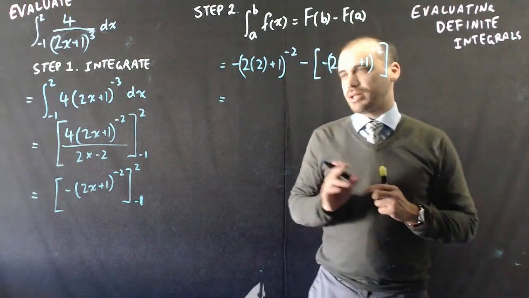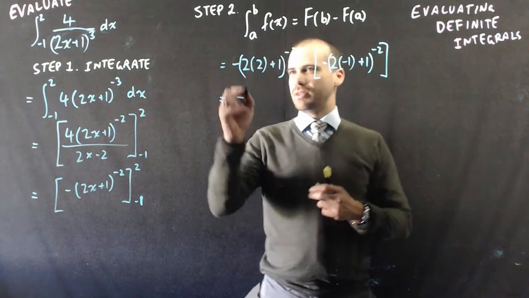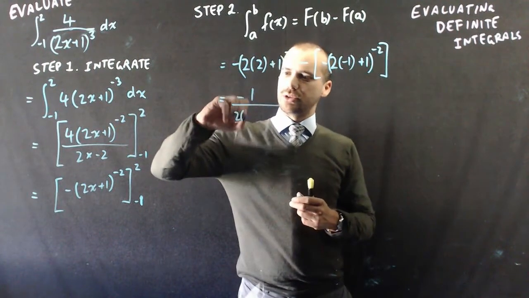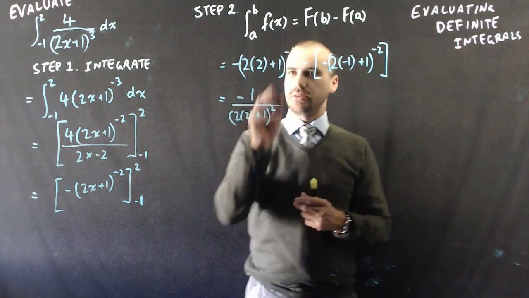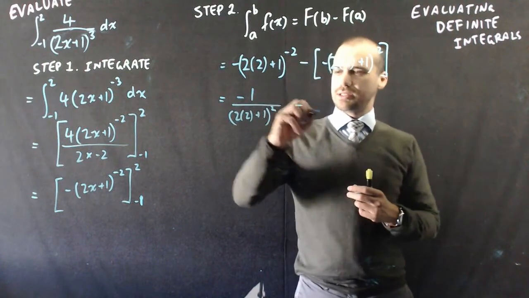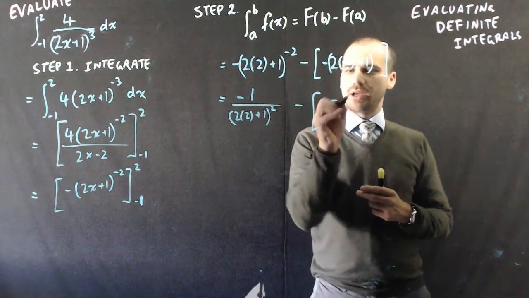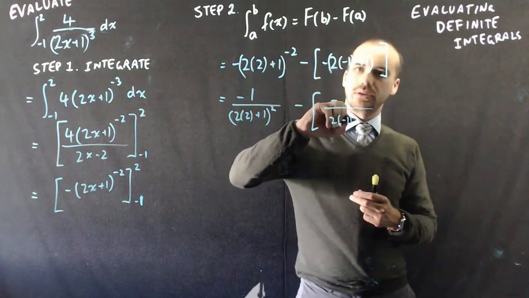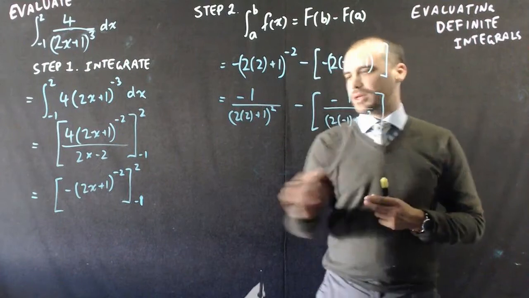Might just do this without a calculator, just in case we find ourselves in that position. This is the same as negative 1 over 2 times 2 plus 1 squared, because that negative power is just a power on the bottom. And this is going to be the same as minus 1 over 2 times negative 1 plus 1 squared. Okay.